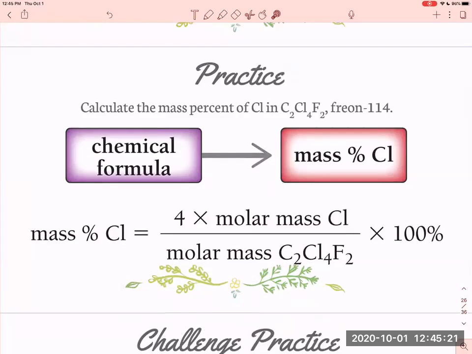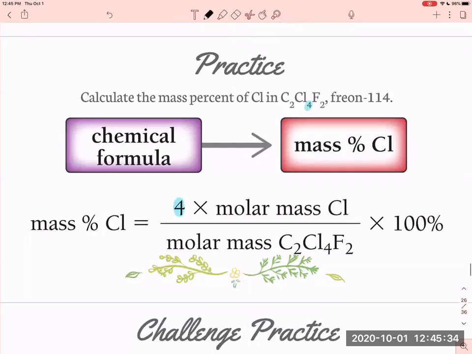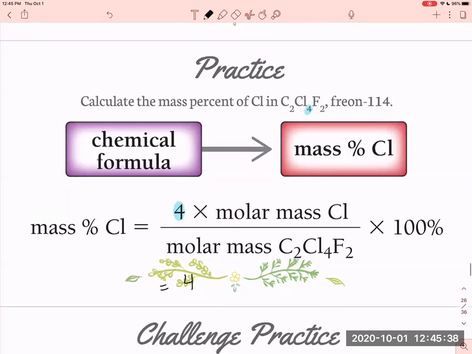All it's going to be is 4 times the molar mass of chlorine, which we're getting from the 4 here, over the total molar mass of this whole thing. So just if you're looking to check your work, we're going to do 4 times, oops, not 75, 35.45. That is the molar mass of chlorine.